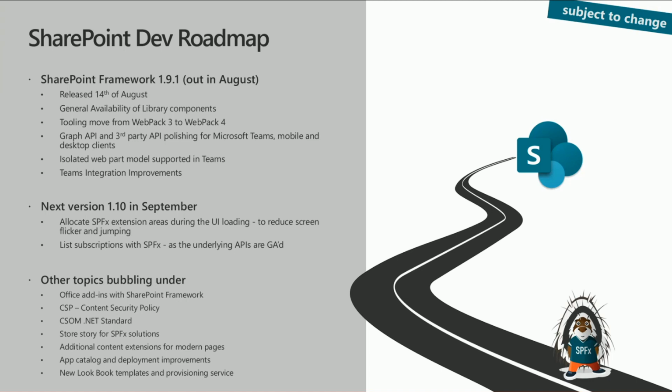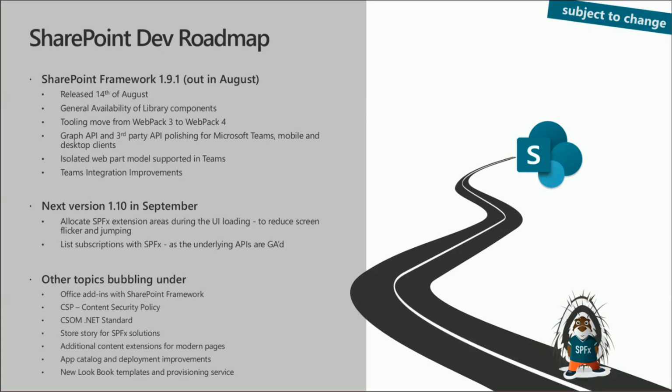And moreover, the provisioning service in the near future will have a renewed UI, which you will be able to use to automate the provisioning of the lookbook templates and of other packages, like, for example, the SP Starter Kit onto your own environments. Our SPFx initiative and the PnP initiative are really working well and moving on, which is really good.